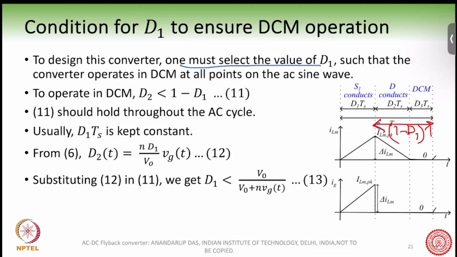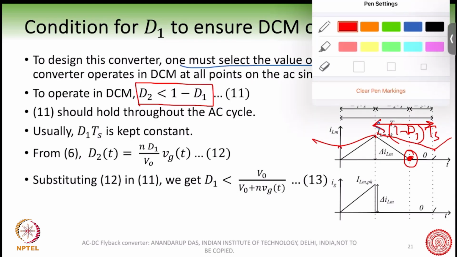So D2 must be less than 1 minus D1, because we want the current to come back to zero at the end of D2. If this is violated, the current is not going to come to zero, meaning it's going to start again, which we don't want. So we want to make sure that this D2 time period is less than the available 1 minus D1 time period.